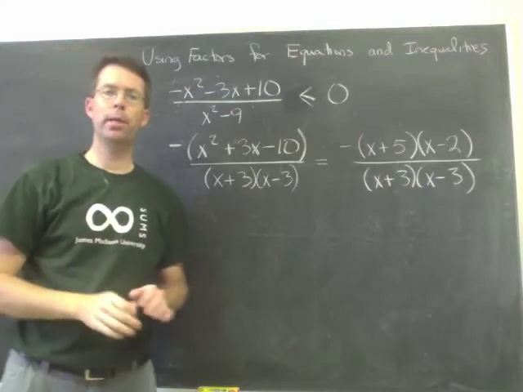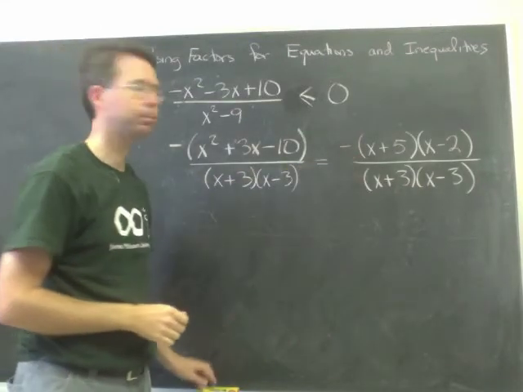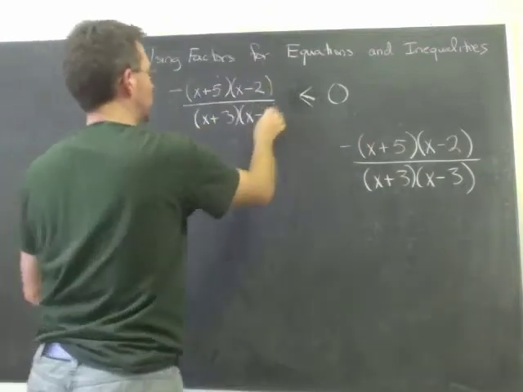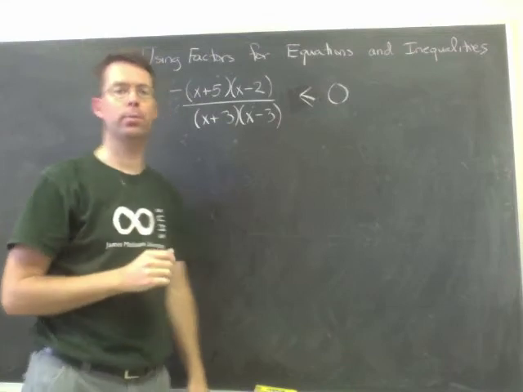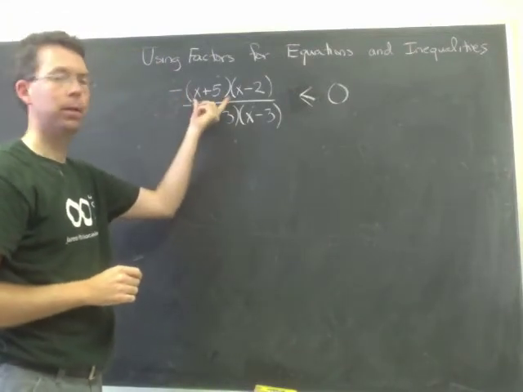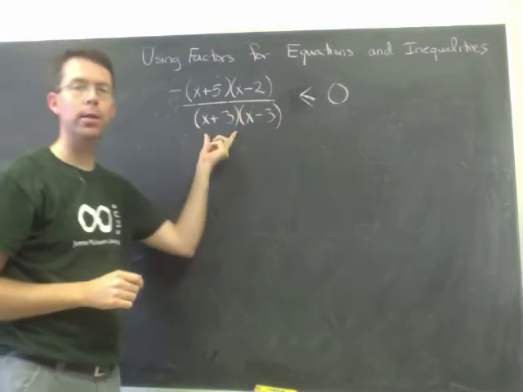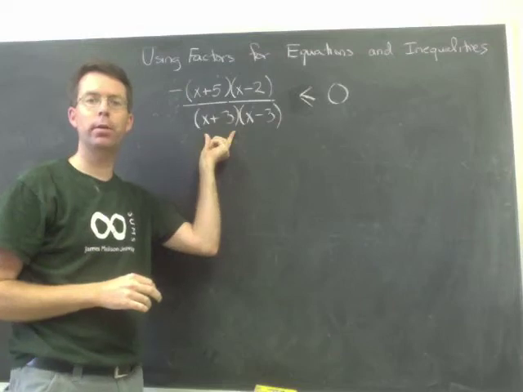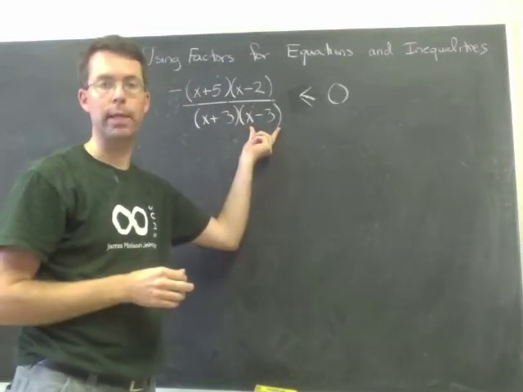So by factoring, I can replace that original formula with the factored form. My formula has 5 factors. The negative sign, which is negative 1, the factor x plus 5, the factor x minus 2, and then 2 division factors, the factor of 1 over x plus 3 and the factor of 1 over x minus 3.